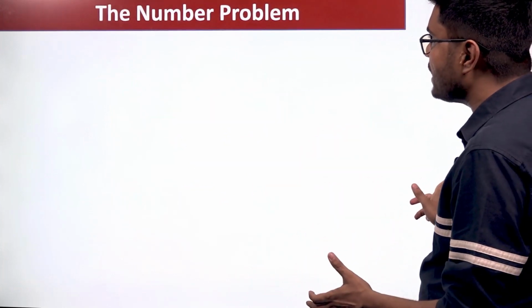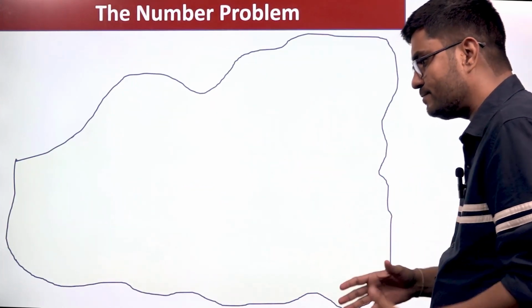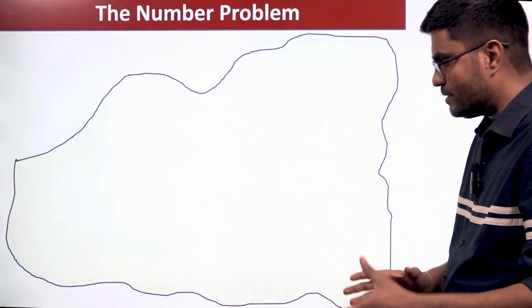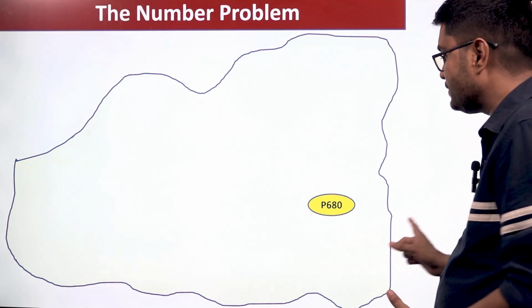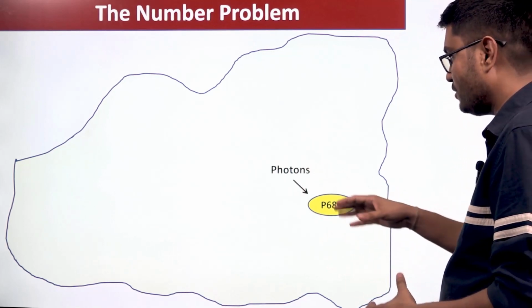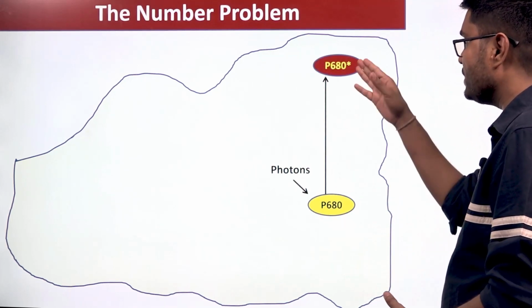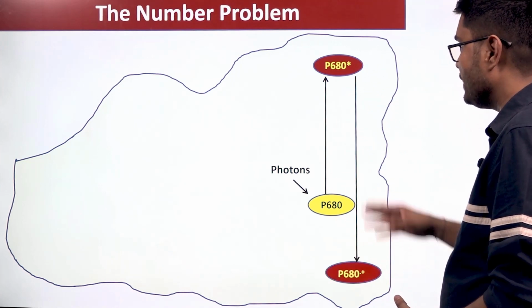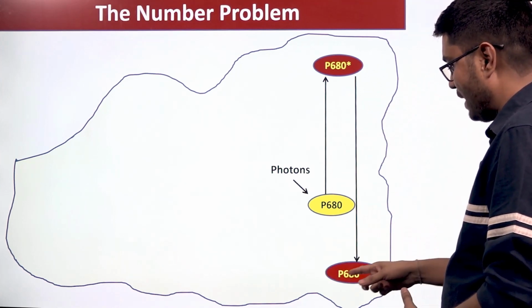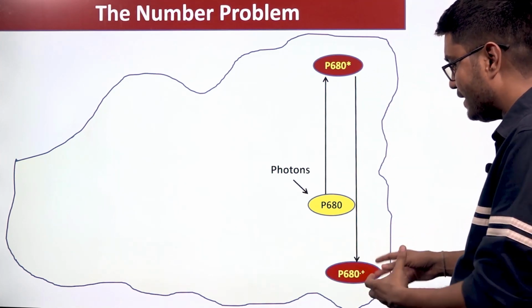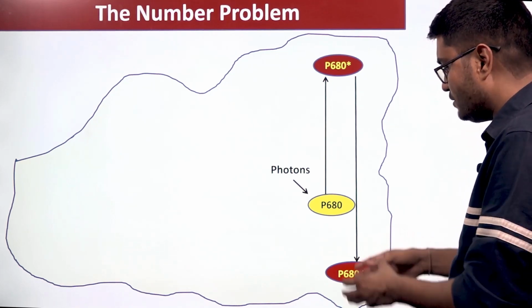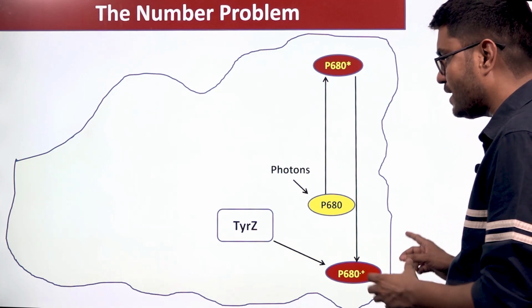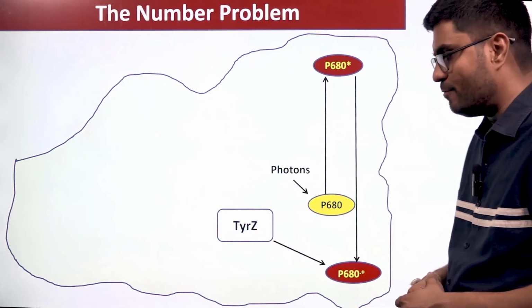The whole thing is happening in enzymes called photosystems. Now you can see that P680 is absorbing the photon, converting into P680 star, losing an electron to pheophytin, coming back to P680 radical ion, or P680 dot positive. Now this dot positive is not accepting the electron directly from water.